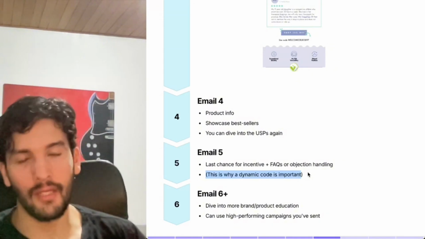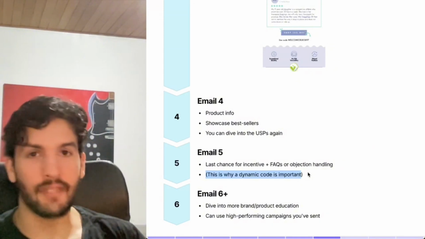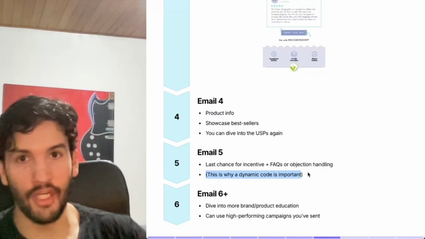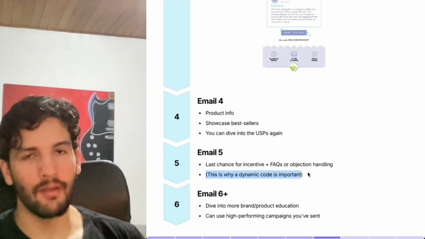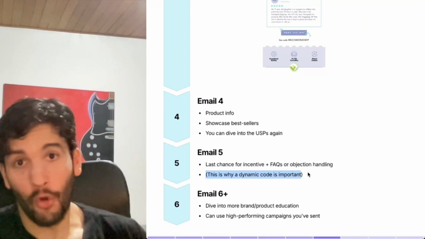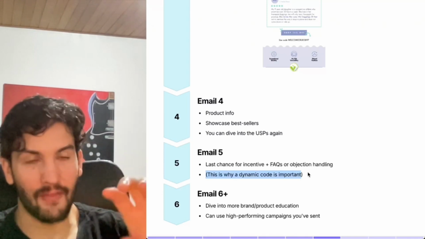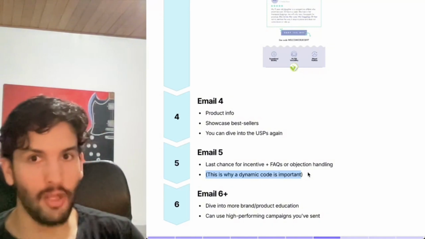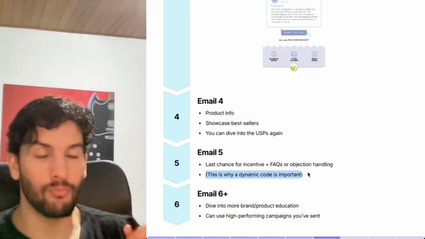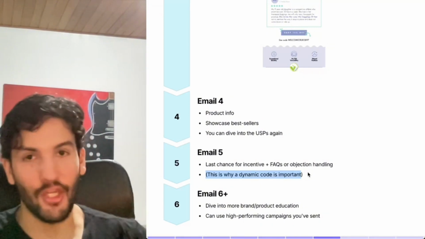However, if your code is WELCOME-5-6-7-GKL, whatever, then at that point, they know it's unique. Or you can trick them into using that code, but it is just a static code. So you can use a unique dynamic code, or you can use a static code that looks unique.